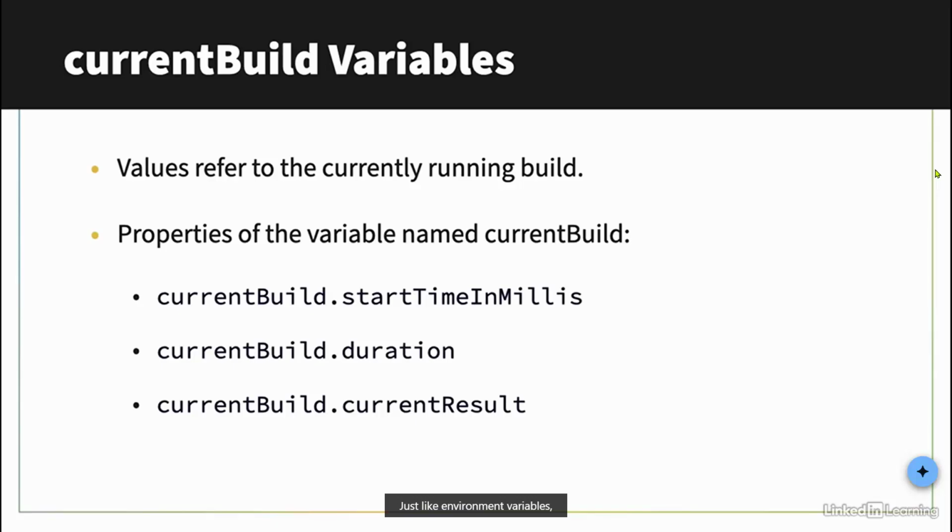Just like environment variables, these values need to be preceded by a $ sign if they are used in strings. Now that we've discussed environment and current build variables, let's take a look at the default variables that get exposed to every pipeline. Then we'll take a look at an example using environment variables.